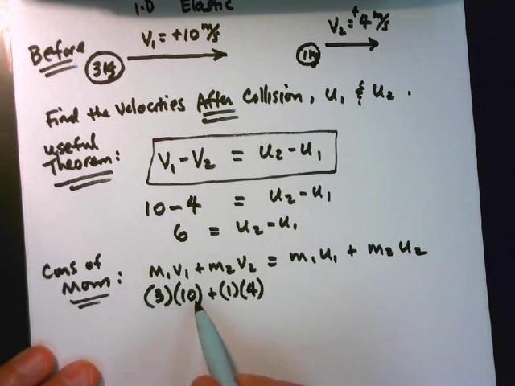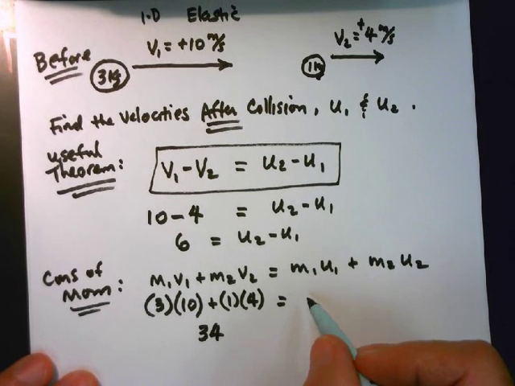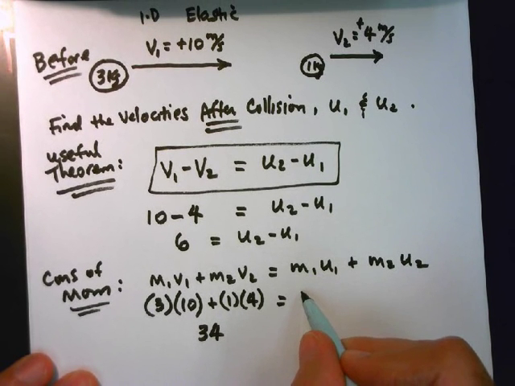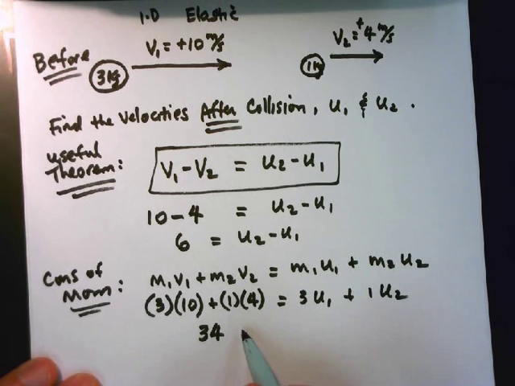That's 30 plus 4, or 34. That's equal to m1, 3 kilograms again, times u1 plus m2, 1 kilogram, times u2. So 34 equals 3 times u1 plus 1 times u2.